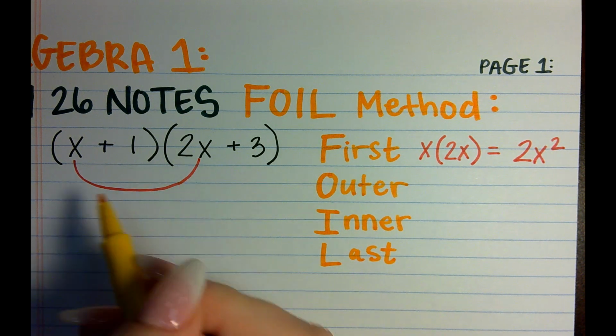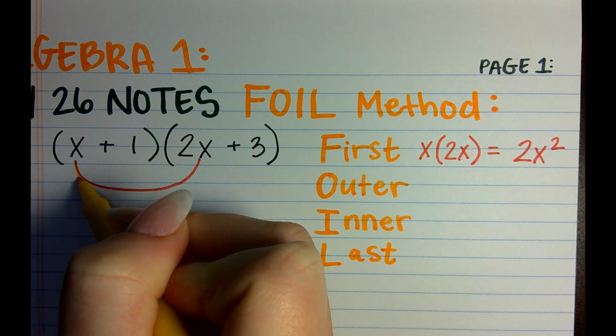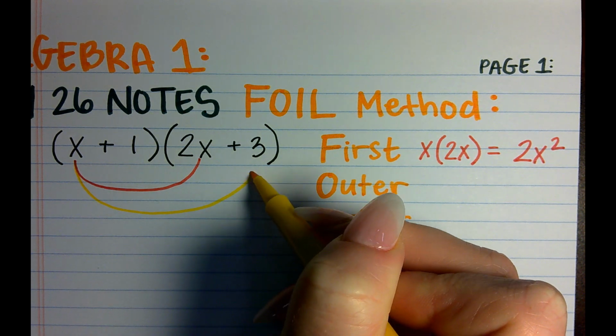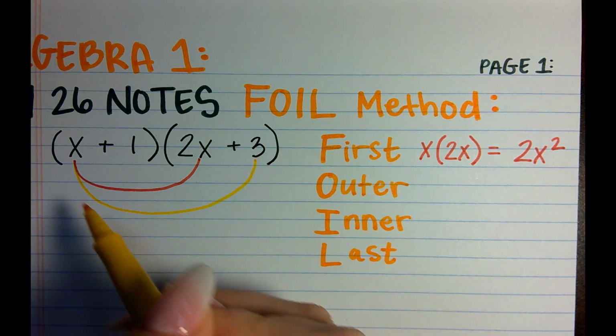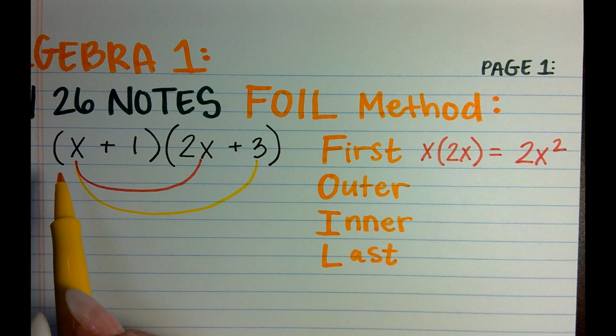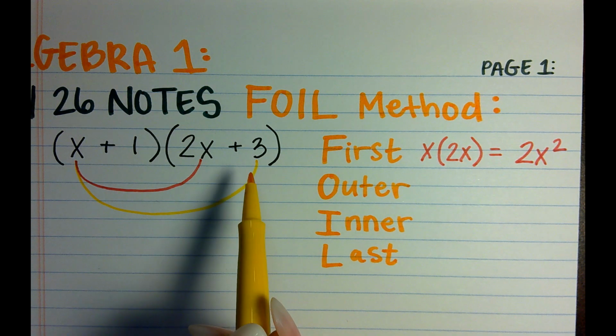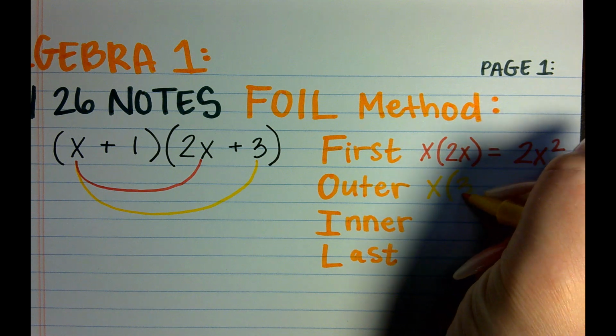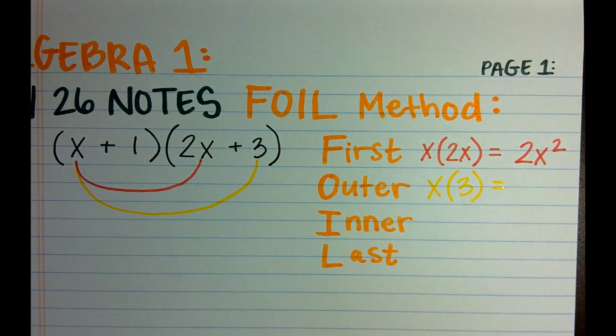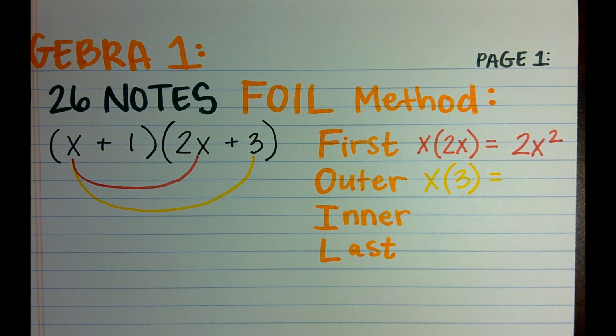The outer terms is that first term and that last term. They're on the outside boundaries of the problem. So it's x times 3. It's a little tricky to see.